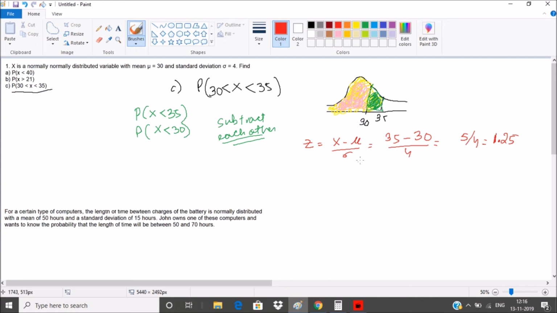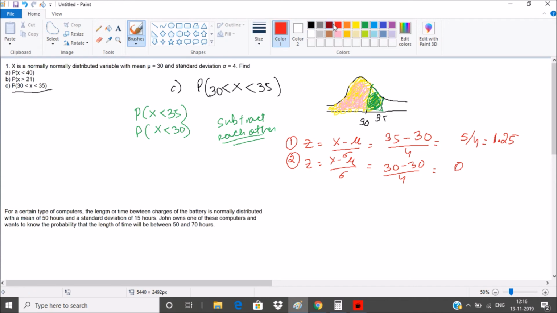So let's keep that for now. This is the first part. The second part is z is equal to x minus mu upon sigma, and the value we need to calculate is 30 minus 30 upon 4, which is 0, the z-score. So we have these two z-scores, and we'll find the probabilities associated with them.